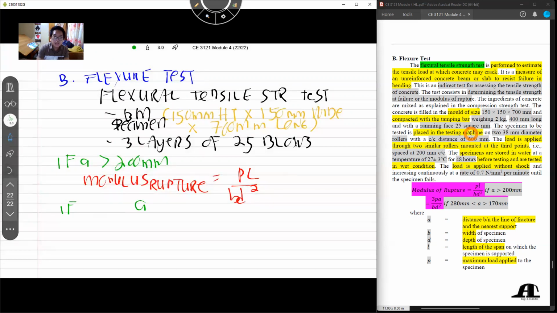So, kapag yung A natin is greater than 280 mm, less than dapat.